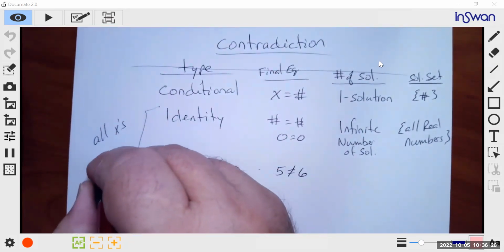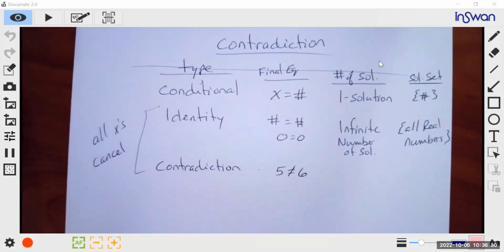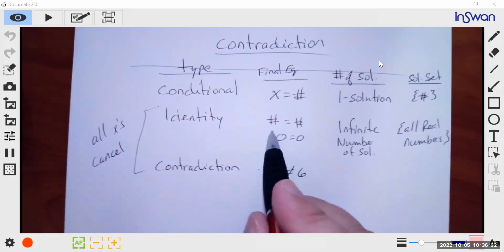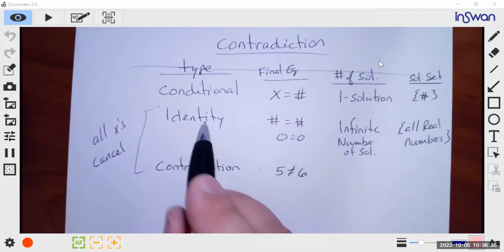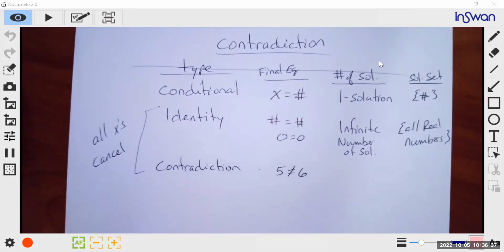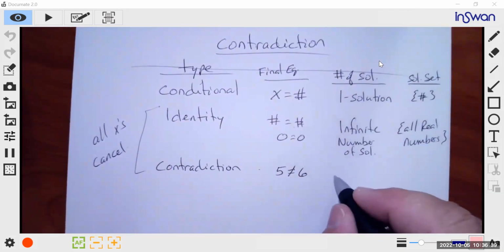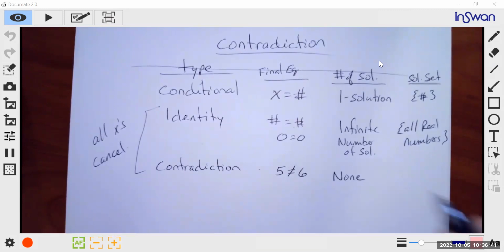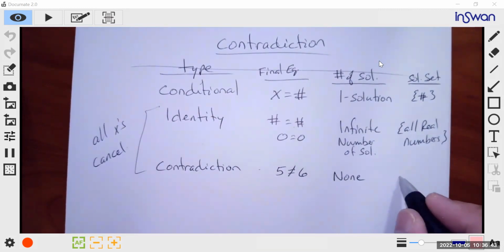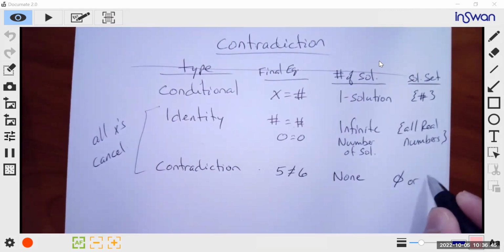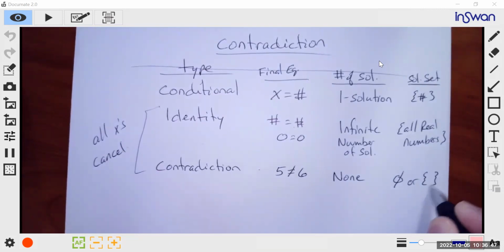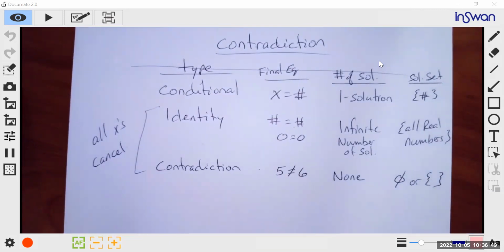All x's cancel. But at the very end, if the numbers are equal, it's an identity. If they don't equal, it's a contradiction. Number of solutions, none. And this is an empty set, or null set. Those are the three possibilities that we can have whenever we solve equations.